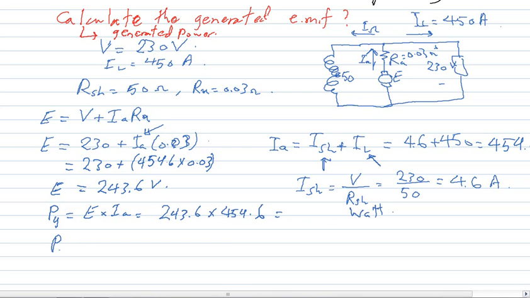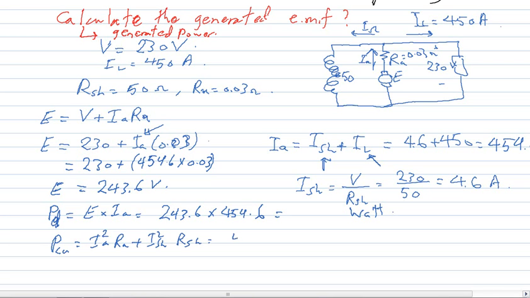Also, the generated power is what we said before, the developed power. If I want to name it another way, it is the total copper loss in this type of machine, which will be IA square into RA plus I shunt square into R shunt.